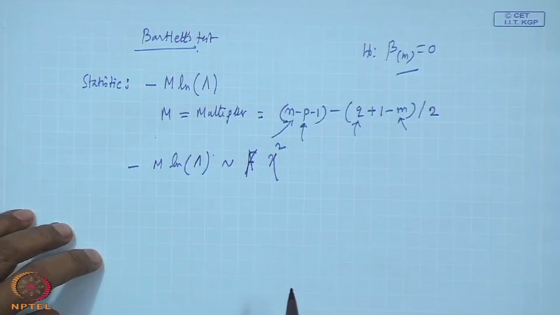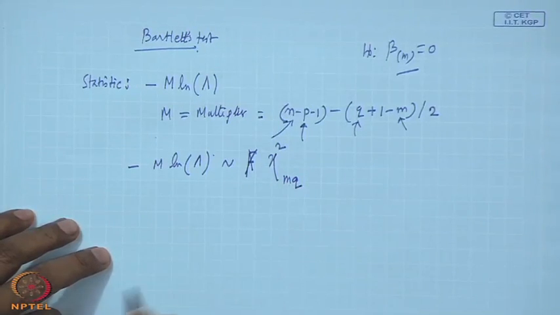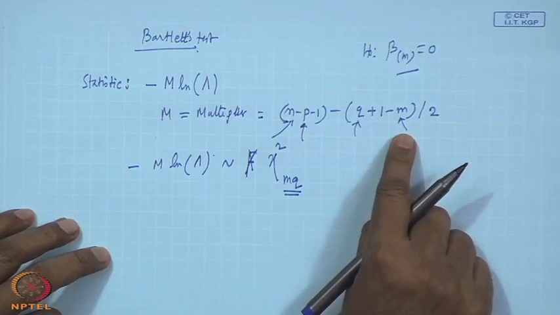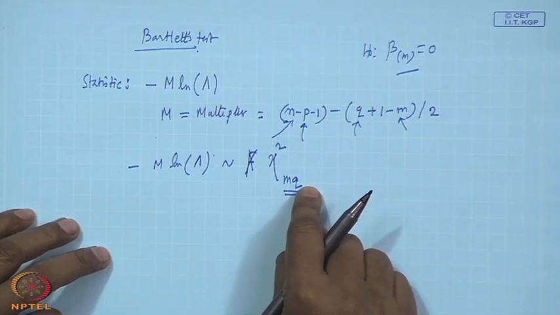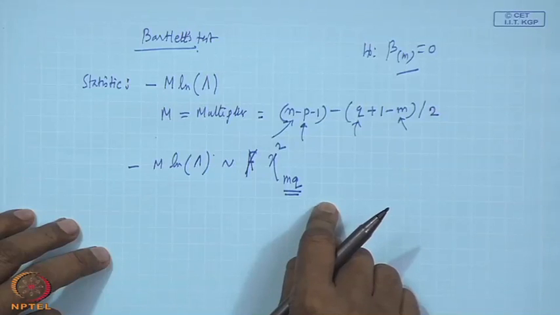Yes, it can be approximated to F distribution also, but chi-square distribution with mq degrees of freedom. So, m is the number of variables dropped from the independent side, q is the number of y variables. So, this follows this distribution.